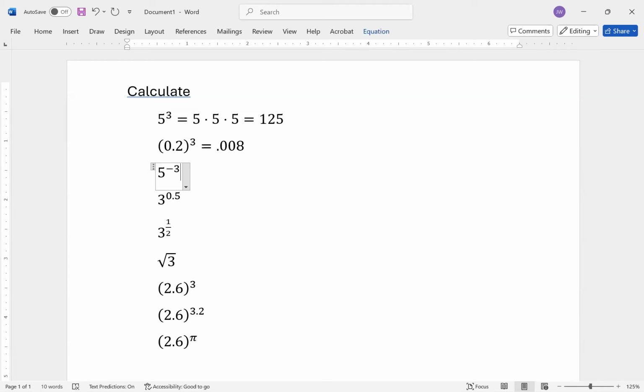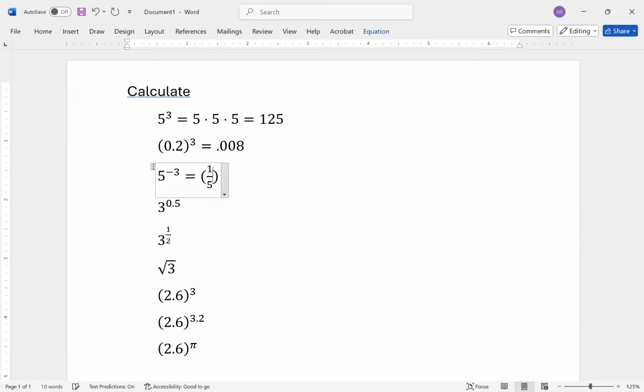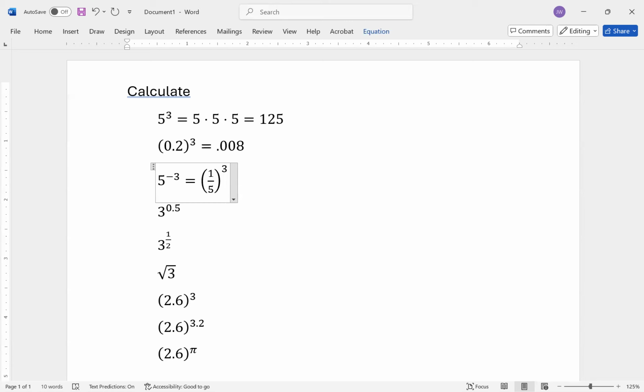Now, 5 to the negative third, that's a different calculation. If we're doing a negative exponent, you can do it by hand by realizing that this is like the reciprocal, 1/5 being raised to the third power. So a negative exponent is like the reciprocal being raised to a positive exponent. If we had to do it by hand, we do it that way.